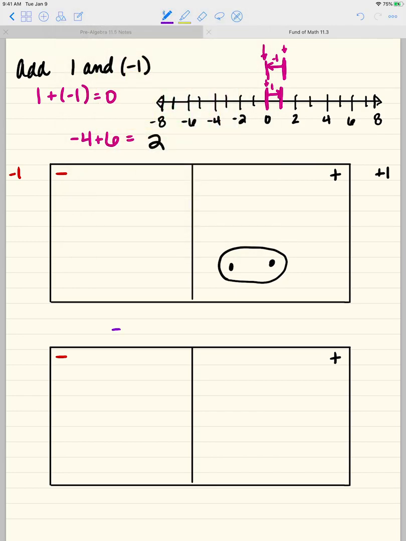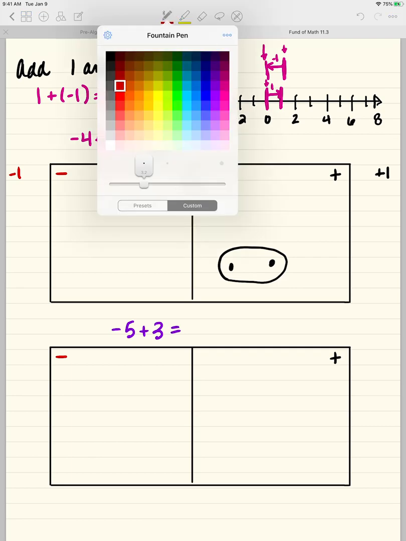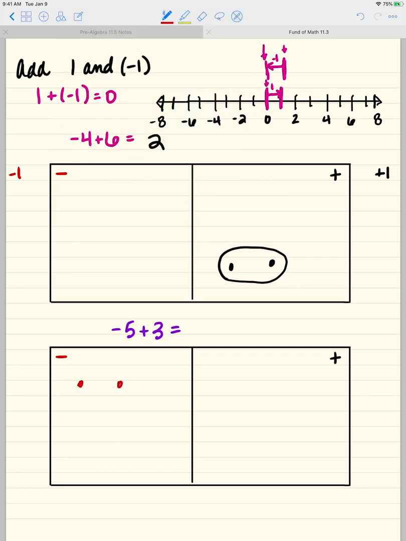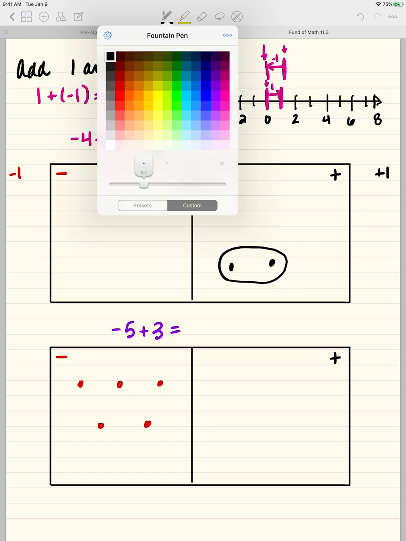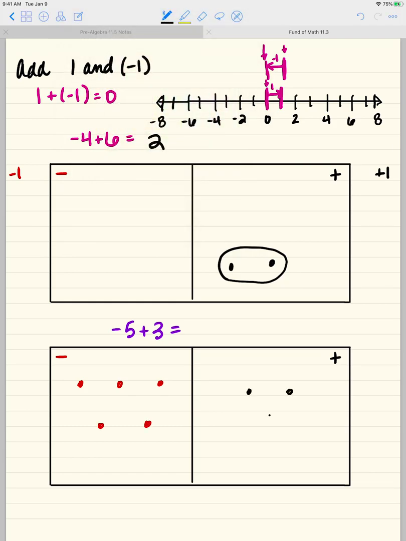Let's try another one. What if I said -5 plus 3? Red, 1, 2, 3, 4, 5. Black, 1, 2, 3. Circle any pairs. There's a pair. And there's a pair. Okay, so those get to go away. I still have one more over here, so I'm going to circle a match over here.